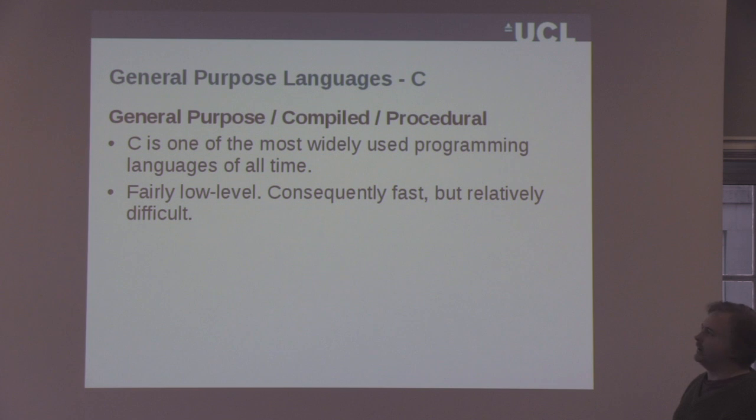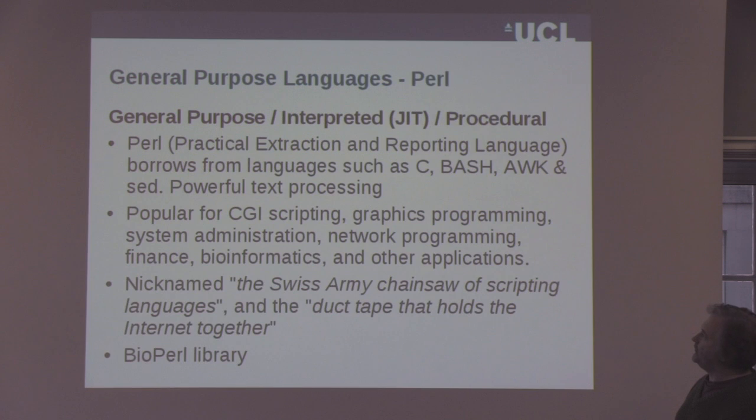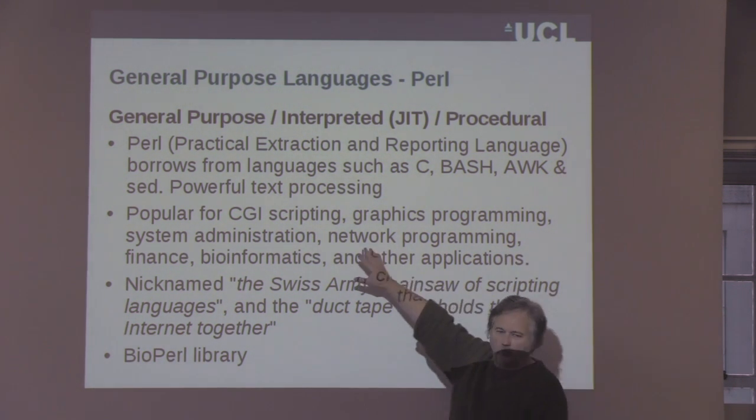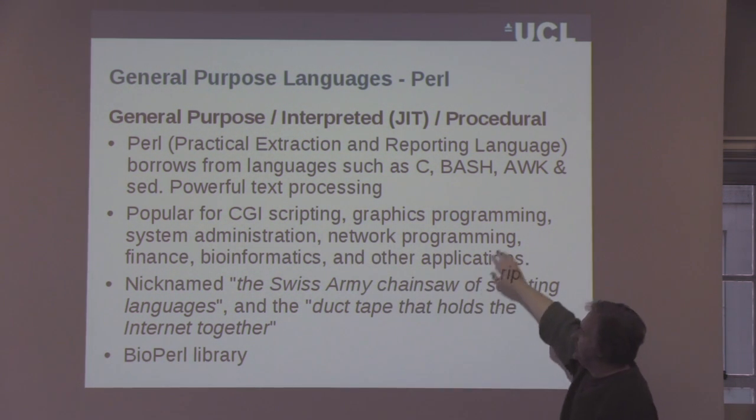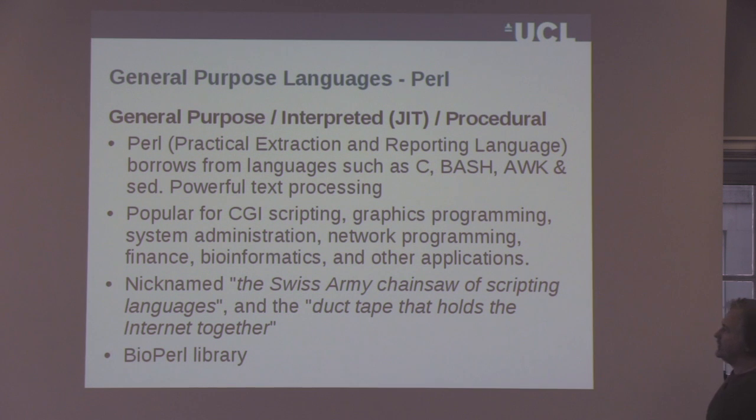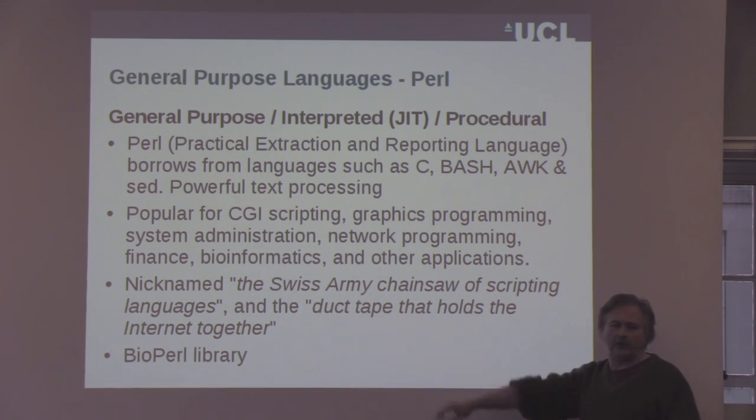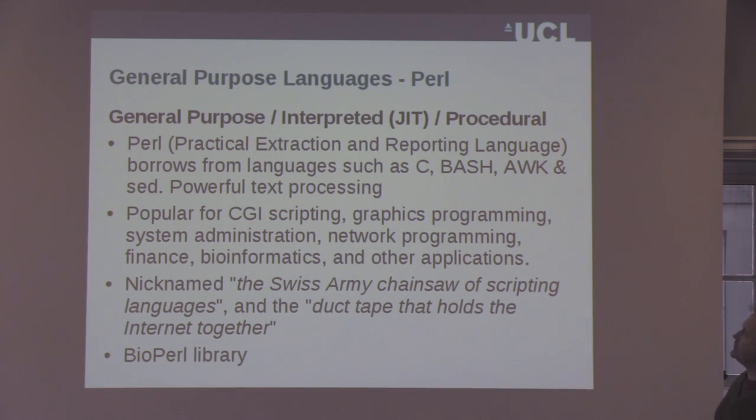So C is one that as a language I use a lot for things that need to run at fast speed. Perl's one that I use for more general purpose stuff. It's quite popular for web backends. It's been nicknamed the Swiss Army chainsaw of scripting languages, or the duct tape that holds the internet together. It has a very good library called BioPerl for handling biological data.